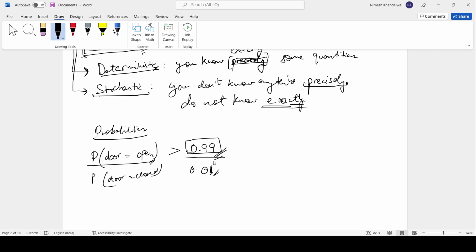It is possible that you are trying to open the door, but whatever your robot did was not successful in opening the door. But according to your model, it should have opened. So this is how we model that corner case possibility, that there might be some situation in which the robot might actually not be able to open the door, however unlikely that may be.